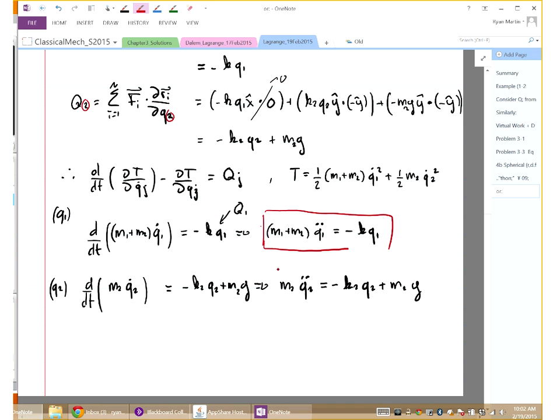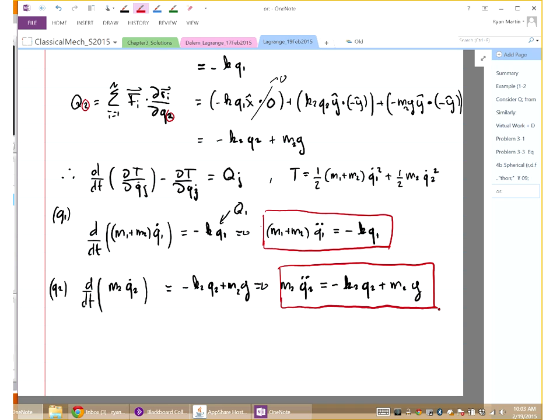And so those are the equations of motion for my generalized coordinates q1 and q2. And that makes total sense, right? The first one is just the equation of a simple harmonic oscillator, but of mass m1 plus m2, because the spring on mass m1 has to pull back and forth both masses.